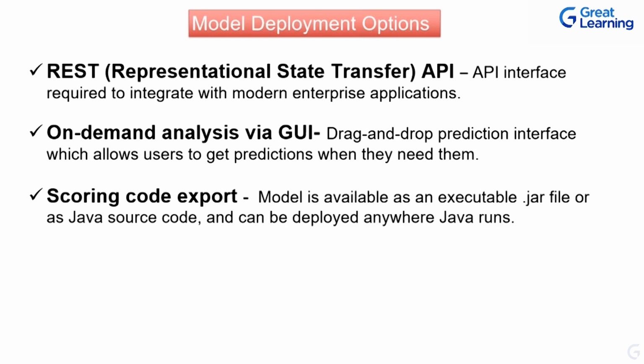Scoring code export means the model is available as an executable jar file or as Java source code and can be deployed anywhere where Java runs. Something on similar lines is what we'll be using in a Flask environment.